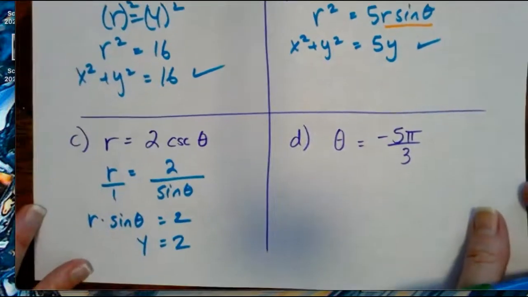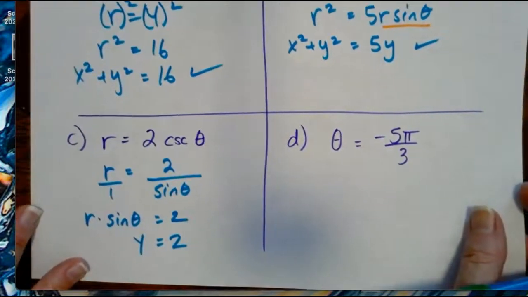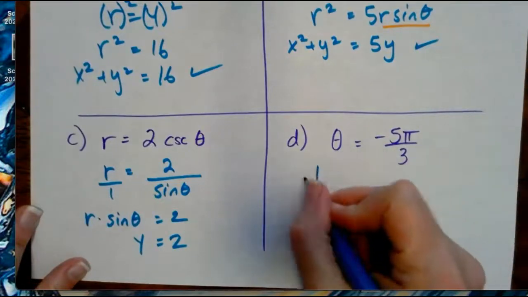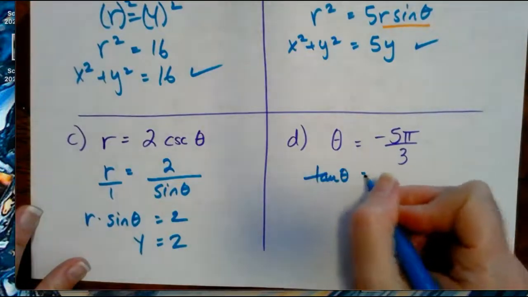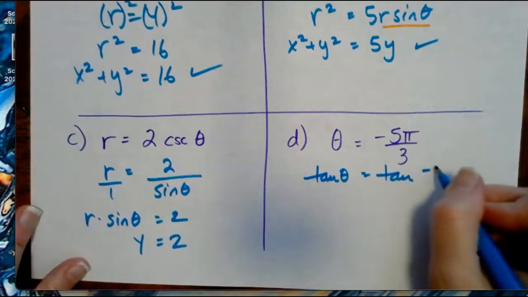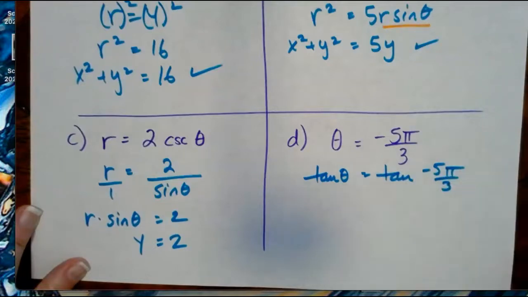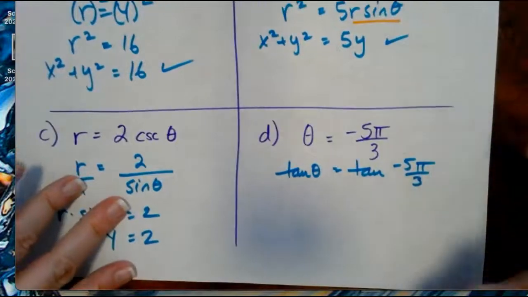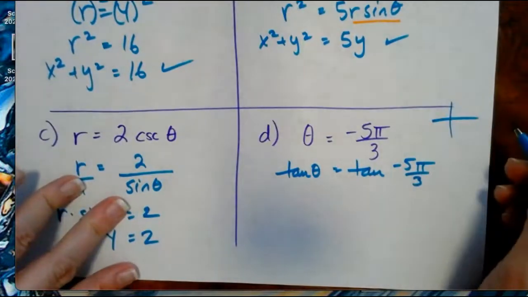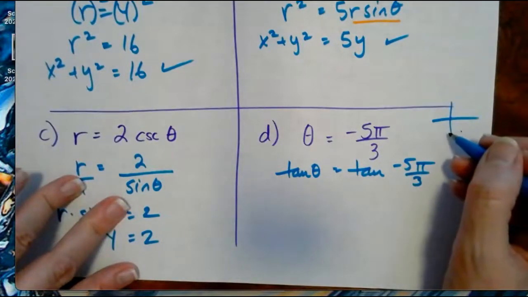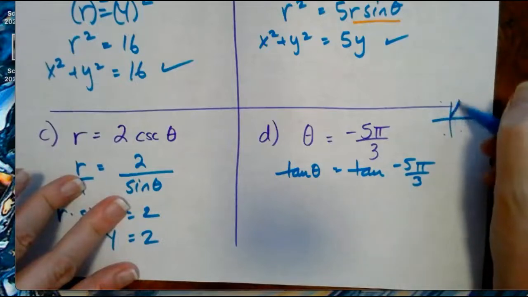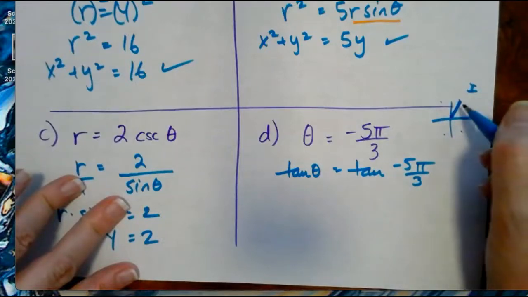And then lastly, letter D, if theta equals negative 5 pi over 3, the only given that we have that helps us deal with theta is going to be applying the tangent function to both sides. So tan theta equals the tan of negative 5 pi over 3. So utilize your vast knowledge of the unit circle. Negative 5 pi over 3 is up here in quadrant 1.